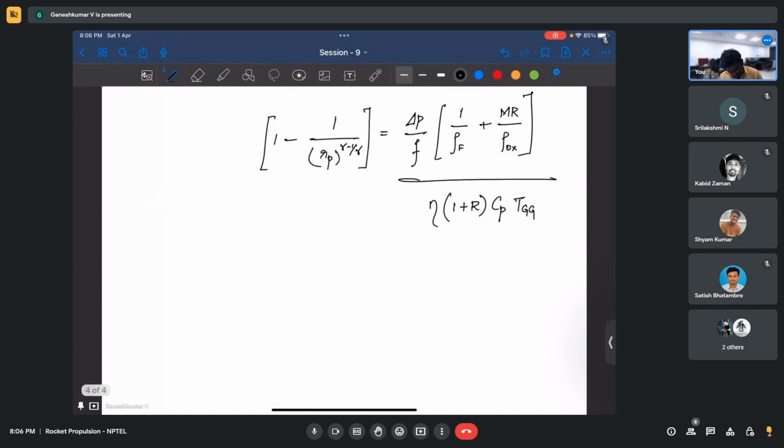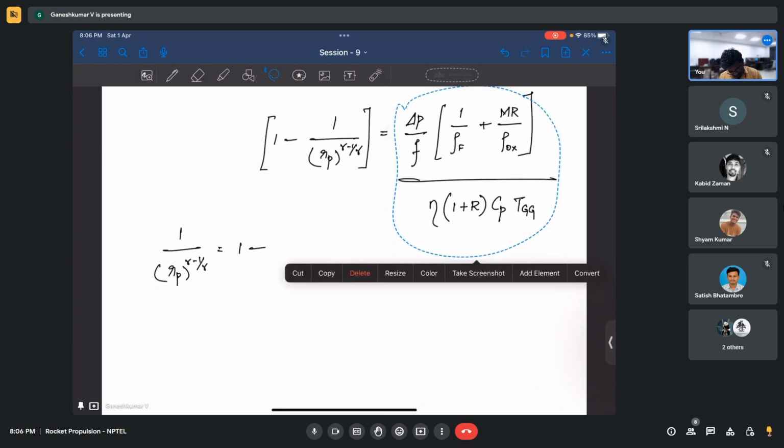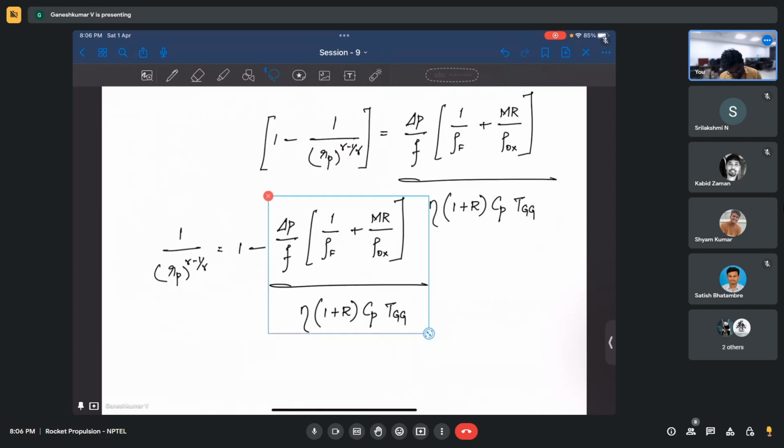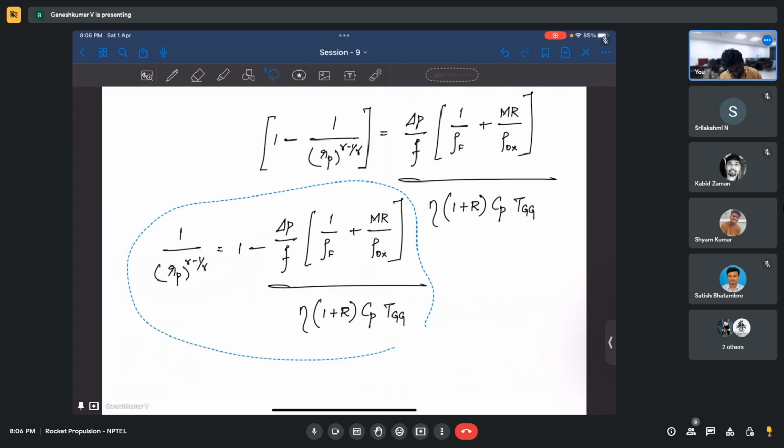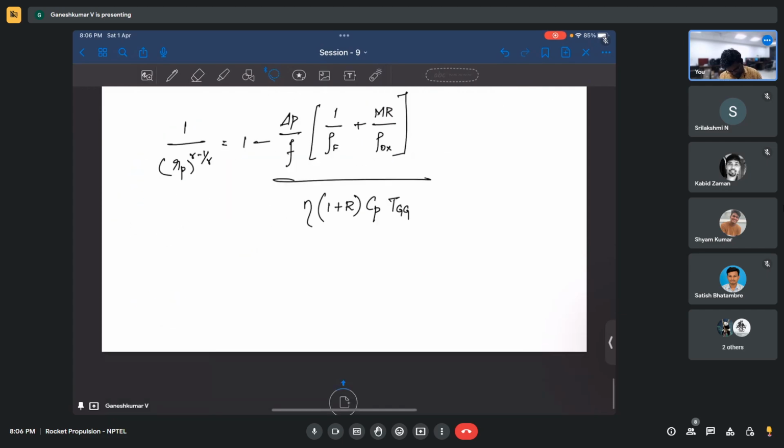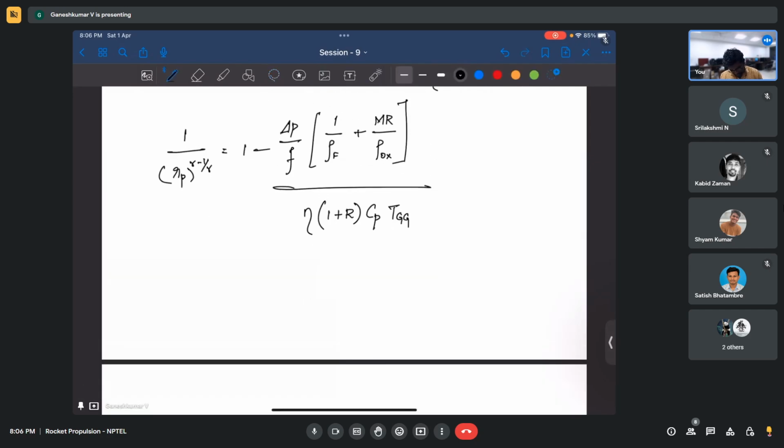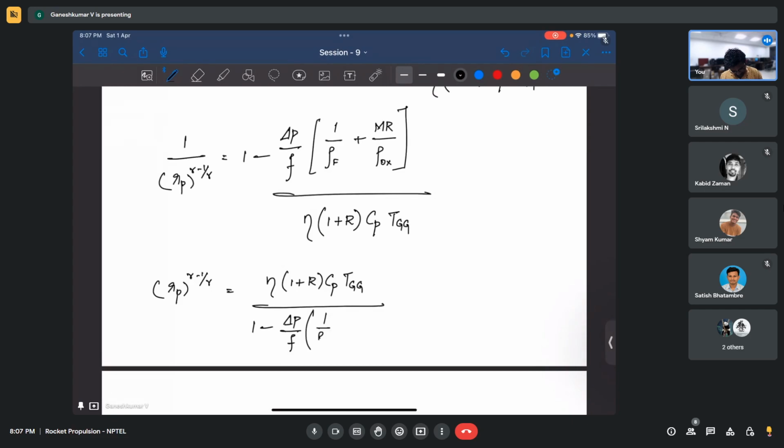You can rearrange this. This would be written as 1 by Rp power gamma minus 1 by gamma, 1 minus delta P by f, 1 by rho f plus mixture ratio divided by rho oxidizer. Then basically you need to rearrange this calculation.